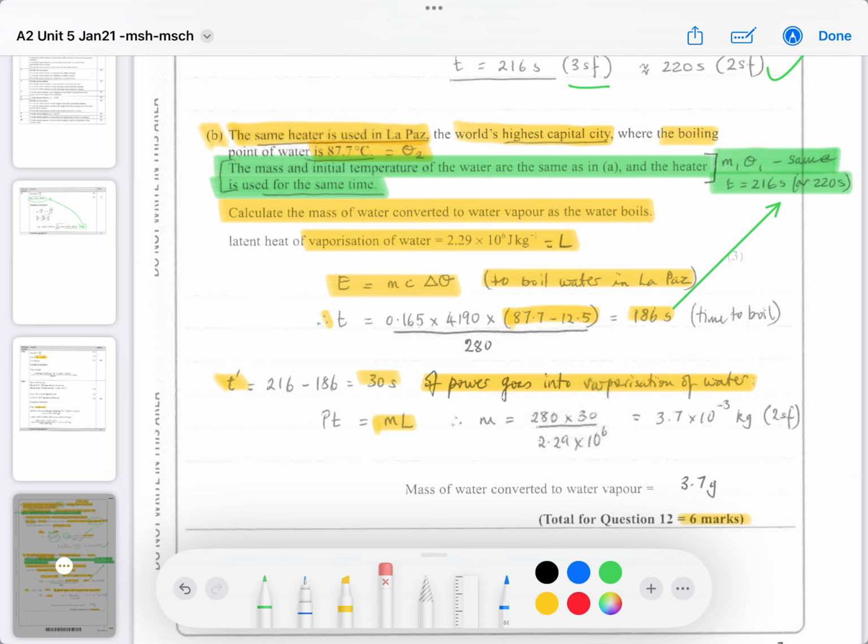The only thing we don't know is the mass that will vaporize. And when you put the numbers in, if you can follow my working, you'll get to two significant figures an answer of 3.7 times 10 to the minus 3 kilograms, which I think is correct, and I've put it as grams, but you can do it either way.